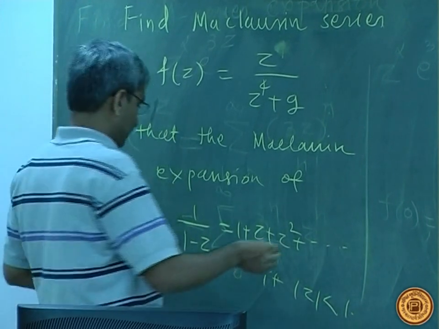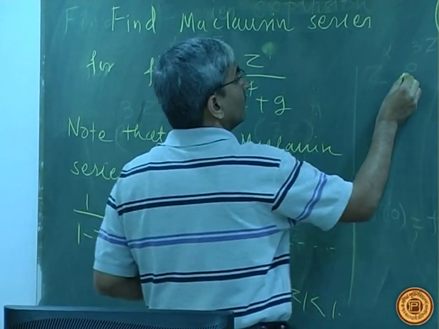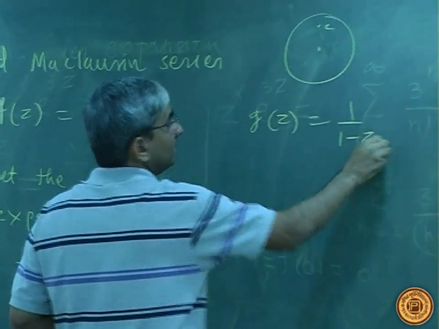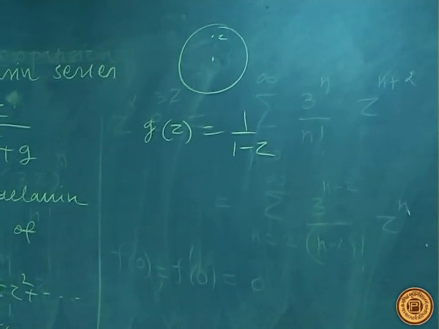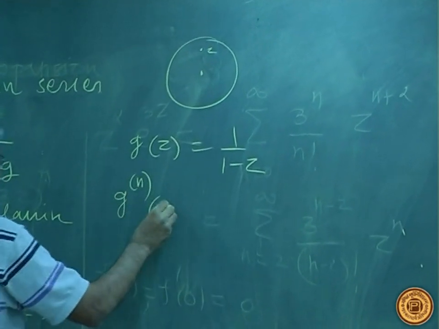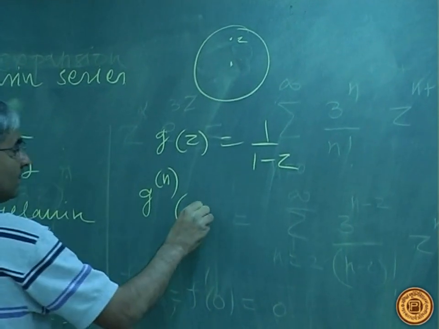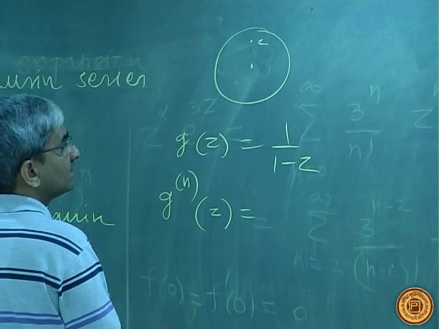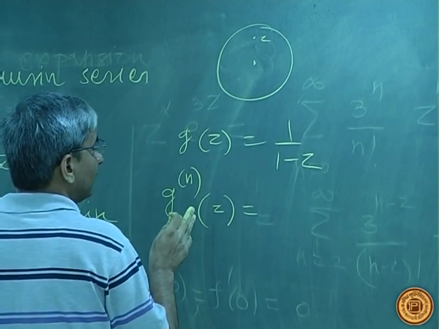Okay. So suppose your function g(z) is 1 over 1 minus z. What is the nth derivative? Alright. So let's find the first derivative.